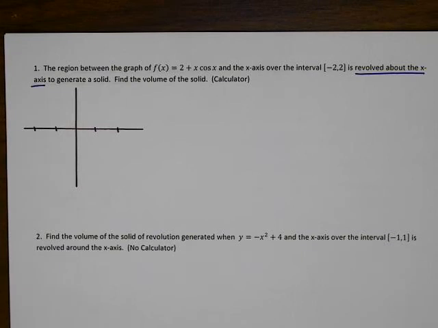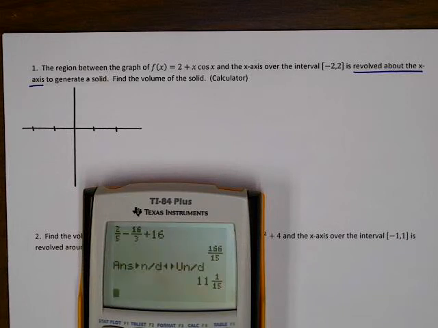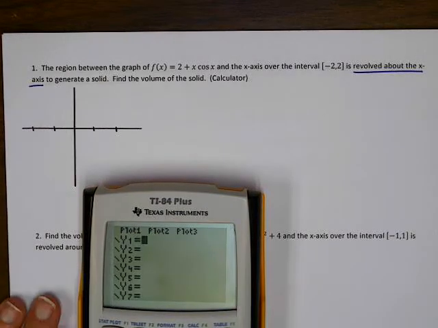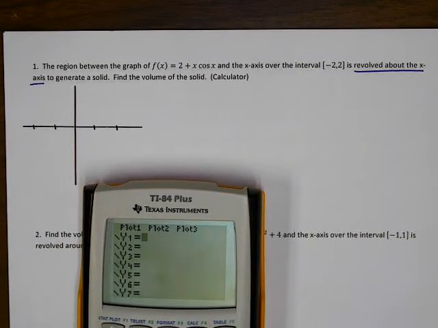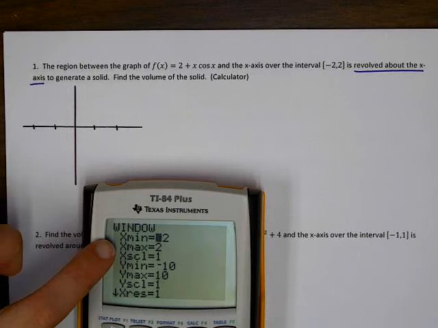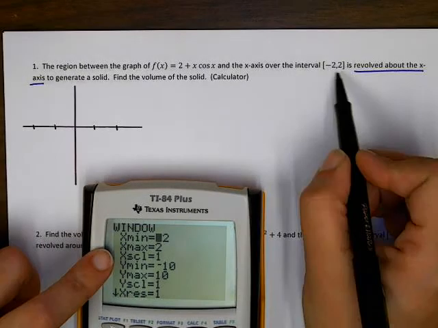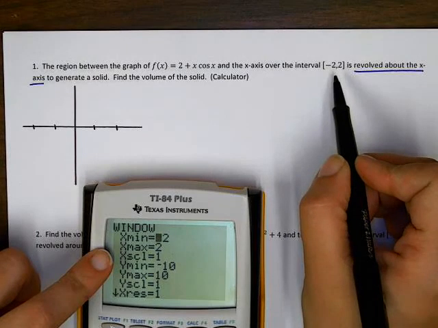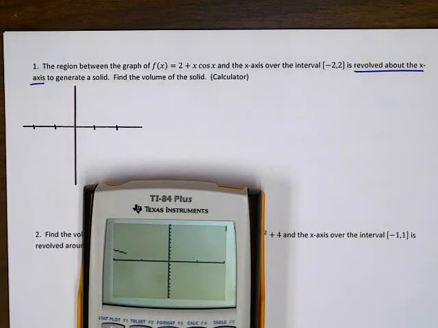And now because I have a calculator, I'm going to use my calculator to create this graph. So I'm going to go to my y equals and type in 2 plus x cosine x. I'm going to go to my window and make sure that my x min is -2 and my x max is +2, because I'm setting my interval so that it corresponds to the one provided in the question. And then I'm going to go ahead and look at my graph.